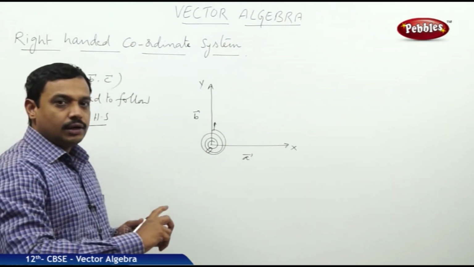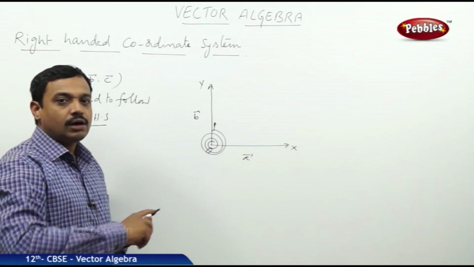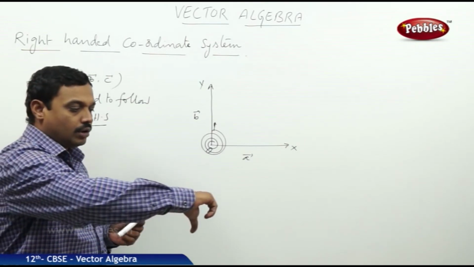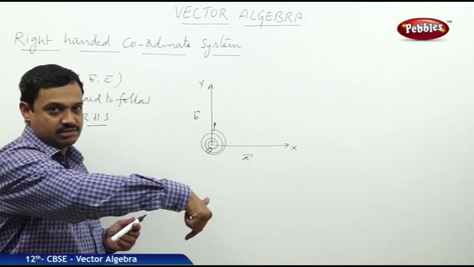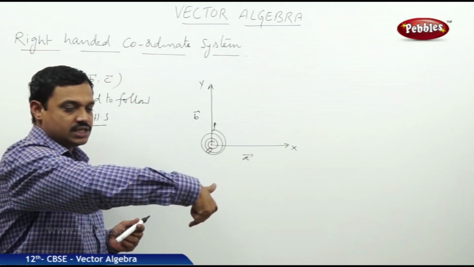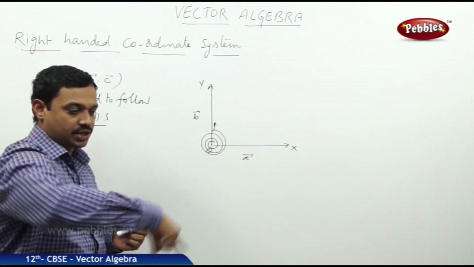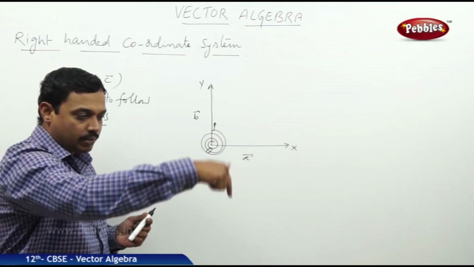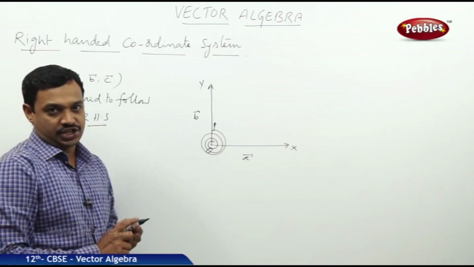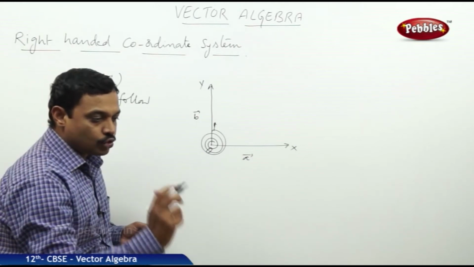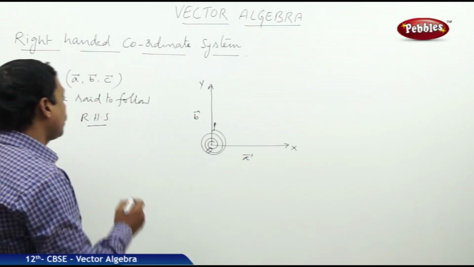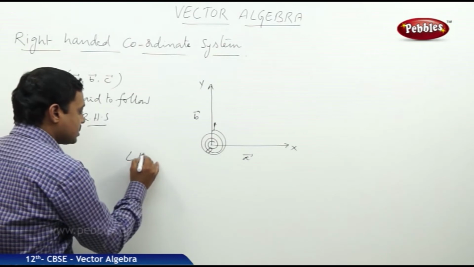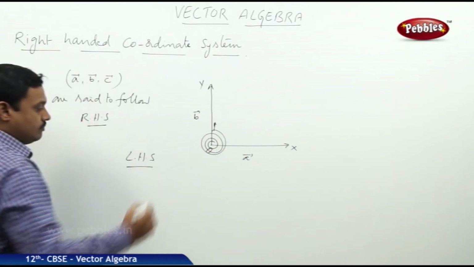If we rotate the vector from the y-axis to the z-axis, that means in the clockwise direction, then the vector perpendicular to them is defined in the downward direction, so the system of those vectors is said to follow the left-handed system, LHS.